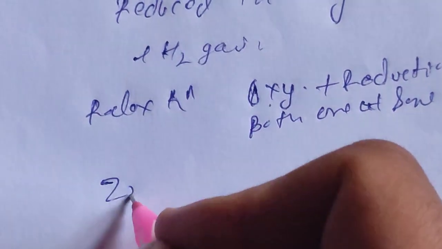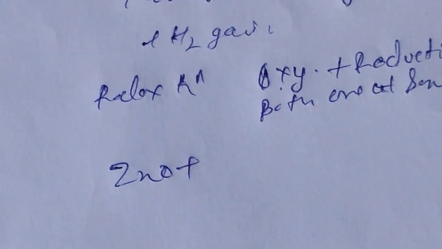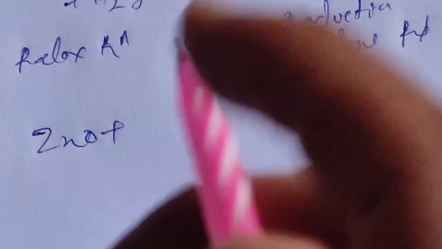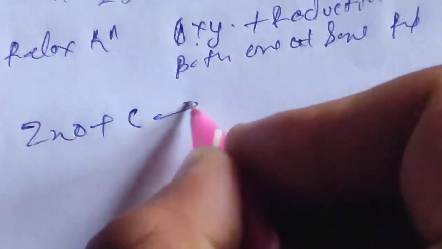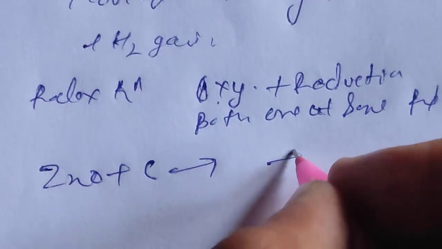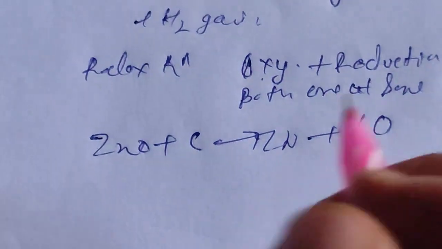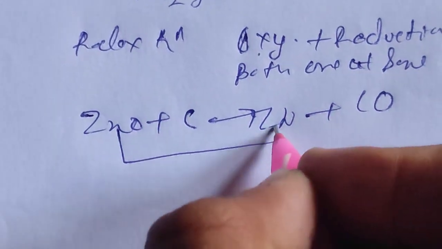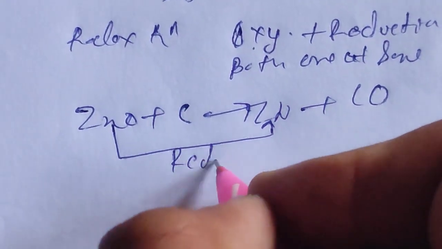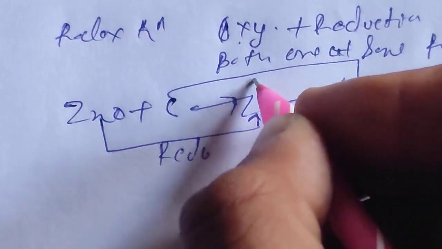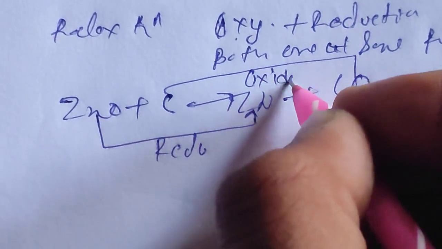For example, I have taken the case of ZnO plus carbon, and we say that the carbon gets oxygen and Zn is reduced. So in this case it reduces the oxygen, so it is reduction, and it gains the oxygen, so it becomes oxidation.